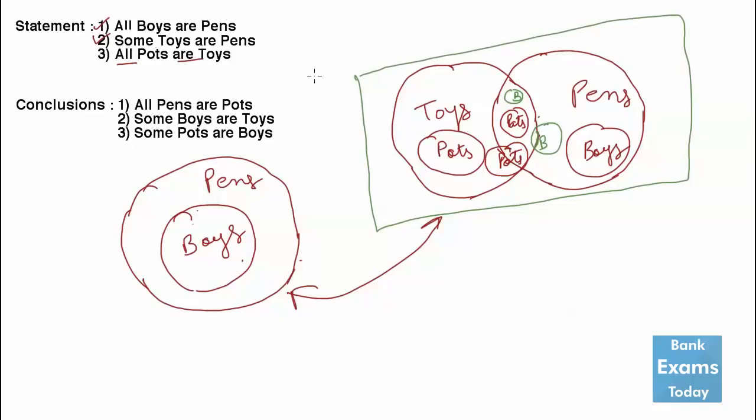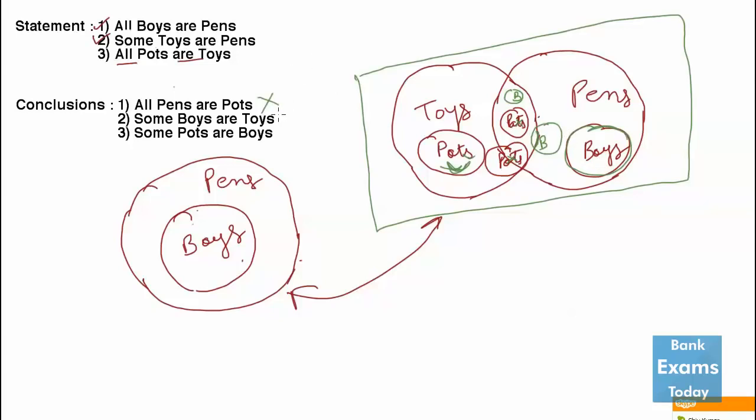So let's move on to the conclusions. All the pens are pots. So look at this circle. If this is the position, if the pot is not here, then all the pens are not pots. So it is not possible at all. Some boys are toys. If the circle boys is situated here, then there is no relation between the toys and the boys.